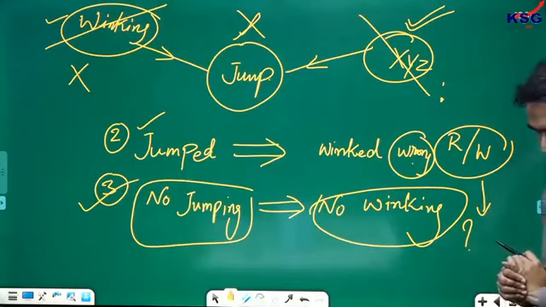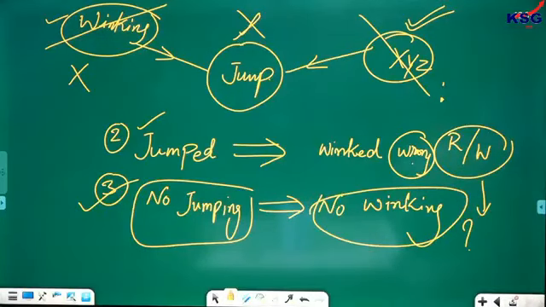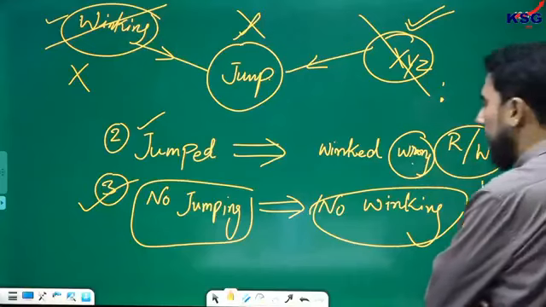No jumping leading to no winking. And here a certain word does not make it incorrect. If you are told that he did not jump, we can conclude she must not have winked. Yes, absolutely correct. Even the must is acceptable here.